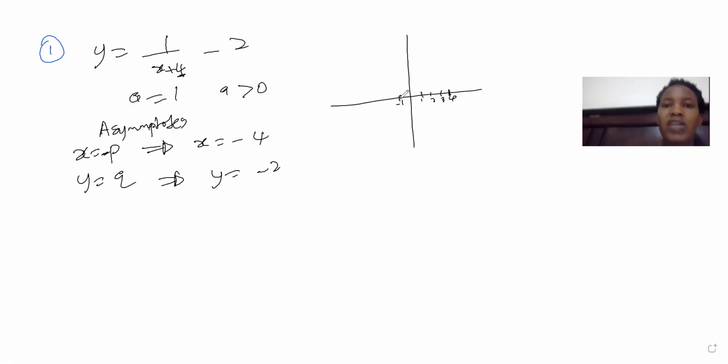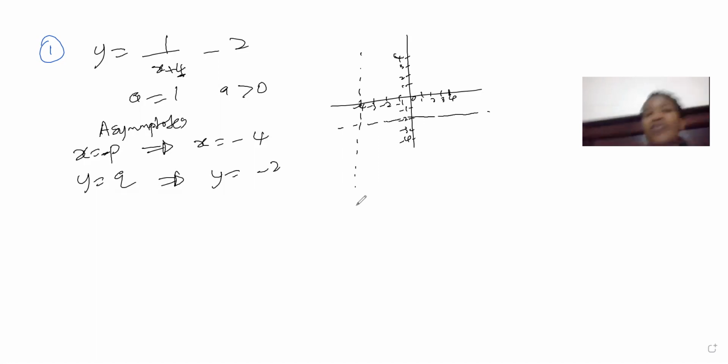So you know where your graph is not going to catch. You know where it is restricted. -3, -4. 1, 2, 3, 4. 0. Line y is equal to -2 is here. Draw as a dotted line or construction line. X is equal to -4 side.